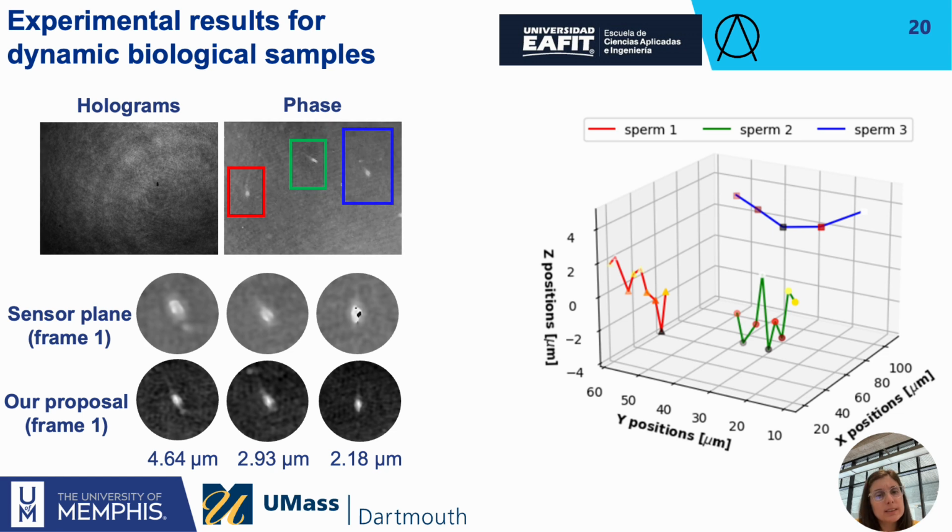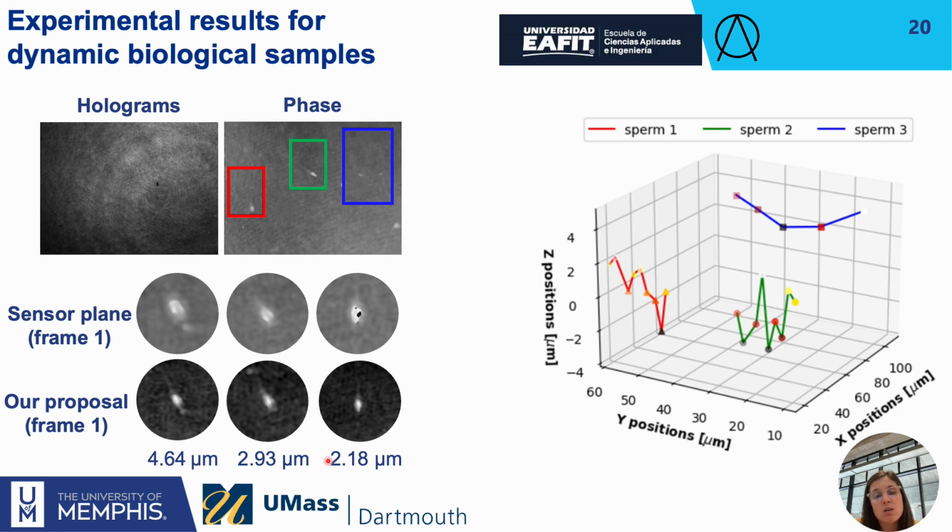So we wanted to go a step ahead and use a holographic video. Here we have sperm cells that move across the field of view. It's hard to see them in the holograms because they are almost transparent, but here are the phase images. These are the different cells, which were clearly moving in 3D, so they are out of focus, and this is when we are focusing them and the distance that we are getting.